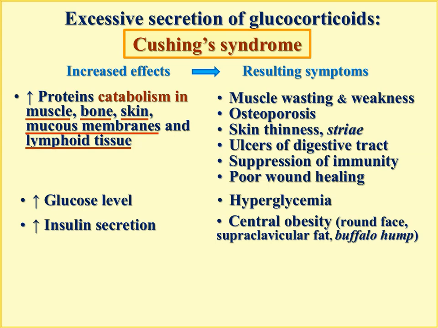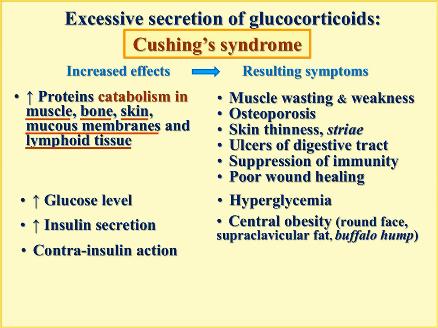Deposition of fat around the neck and on the posterior part of the neck and upper portion of the back forms the so-called buffalo hump, a specific type of obesity. Especially it's expressed on the background of very thin extremities because of muscle wasting. So central obesity, a specific type of fat deposition predominantly for the upper part of the body, is mainly because of insulin secretion.